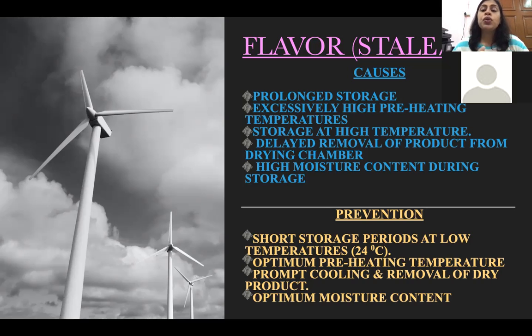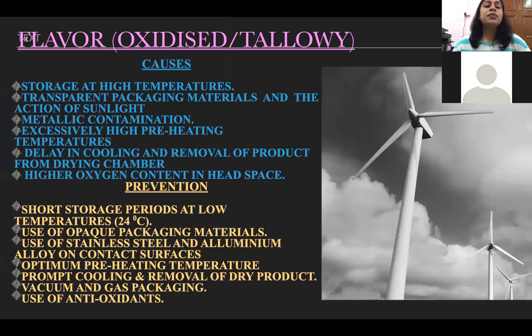We should remove the product from the drying chamber as soon as it is produced. And third, we have to maintain the moisture content of the product, which is obtained from proper packaging. Any problem in this slide? No, ma'am.